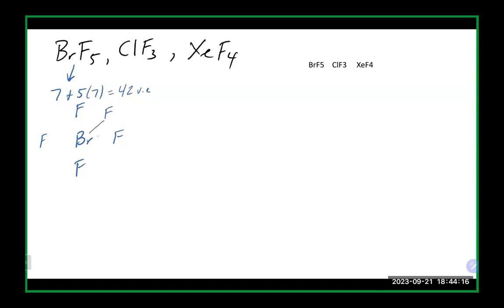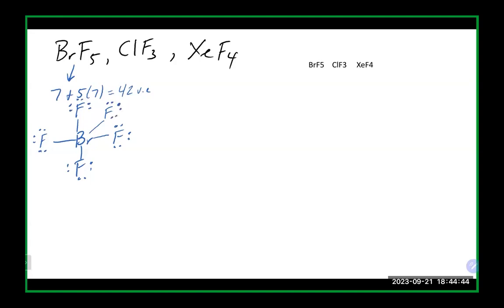We're going to do our same sort of deal, single bond to everybody. So that is 2, 4, 6, 8, 10 electrons. We've got 32 more to go. They're going to go on the outside in pairs. So that is 2, 4, 6, 8, 10, 12, 14, 16, 18, 20, 22, 24, 26, 28, and 30, if I count it right there.